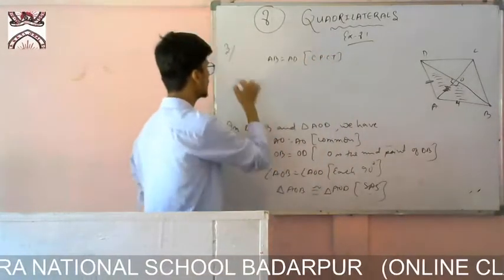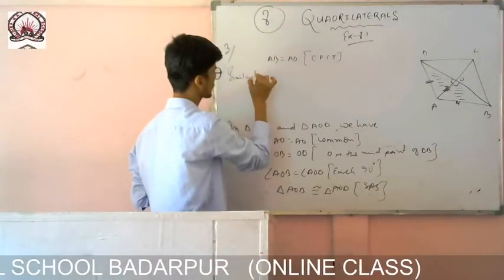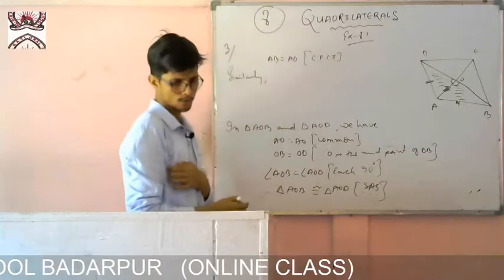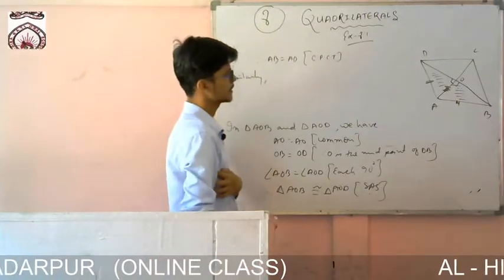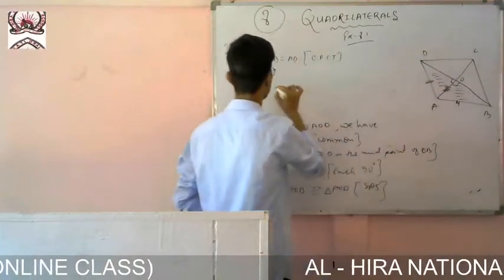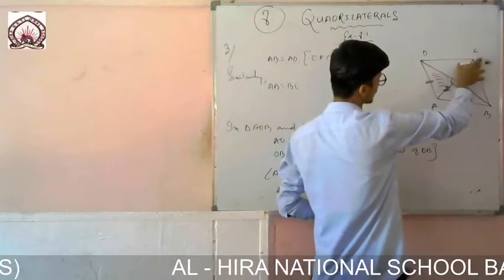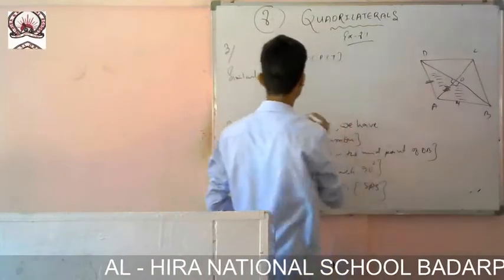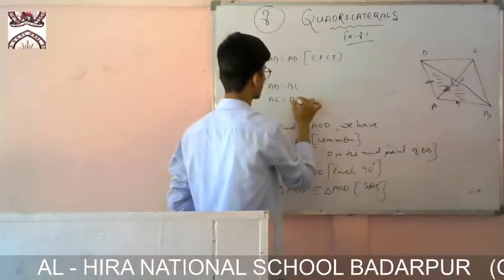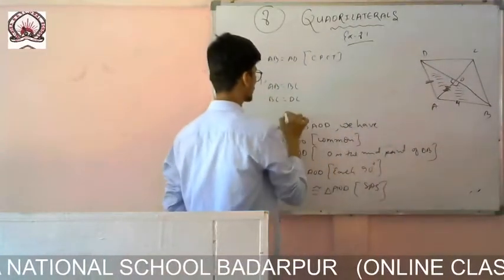Similarly, if I go on solving for the other triangles, then for these two triangles, AB will be equal to BC. If I go for these two triangles, then BC will be equal to DC. If I go for these two triangles, then DC will be equal to AD.